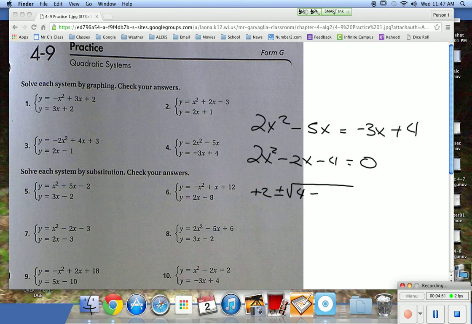But since we got negative, this would be a positive. Divided by 2a would be 4. Okay, that's what x equals. 2 times 2, 2a. Remember, here's the quadratic formula. If you ever have to look, it's sitting right here. Okay?